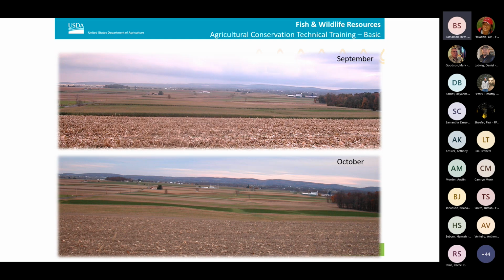So if we take a look at this picture, even a harvested crop field has more cover sometimes of year than others. So if you see the fodder here in September is still available, so there's still some cover, but in October, as it rots and maybe is chopped and hauled away, it's gone. So there is no place to hide.